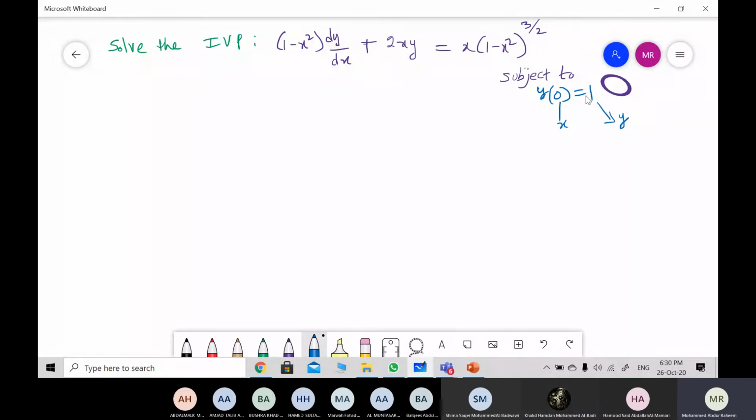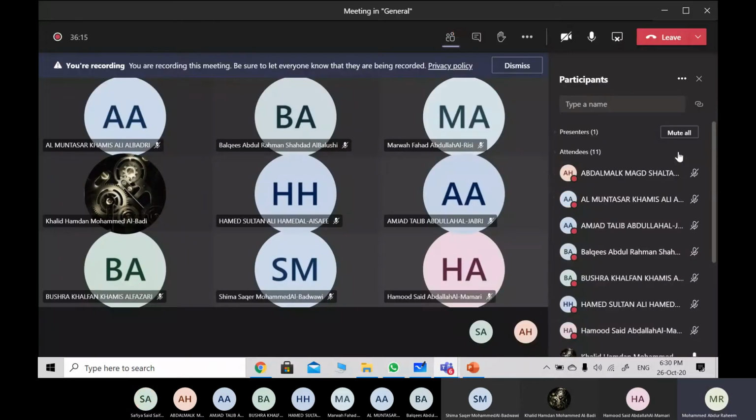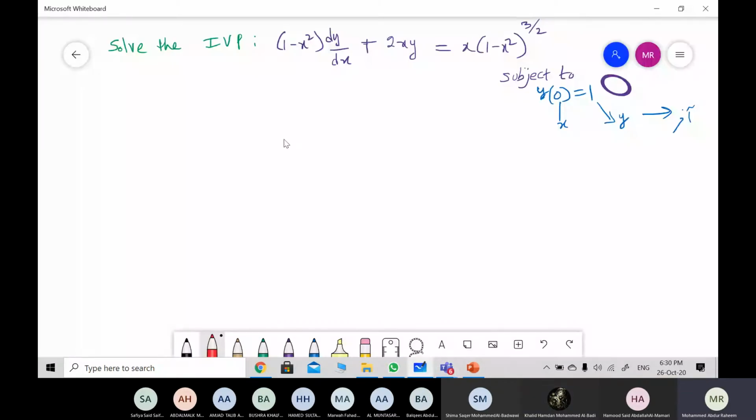We use this at the end. But before, first of all, if you see here, is this linear in y or not?